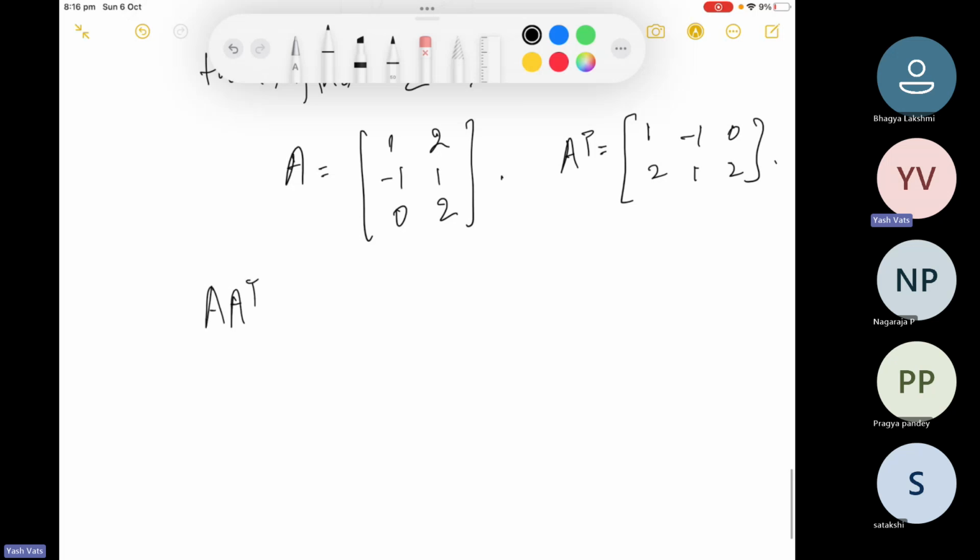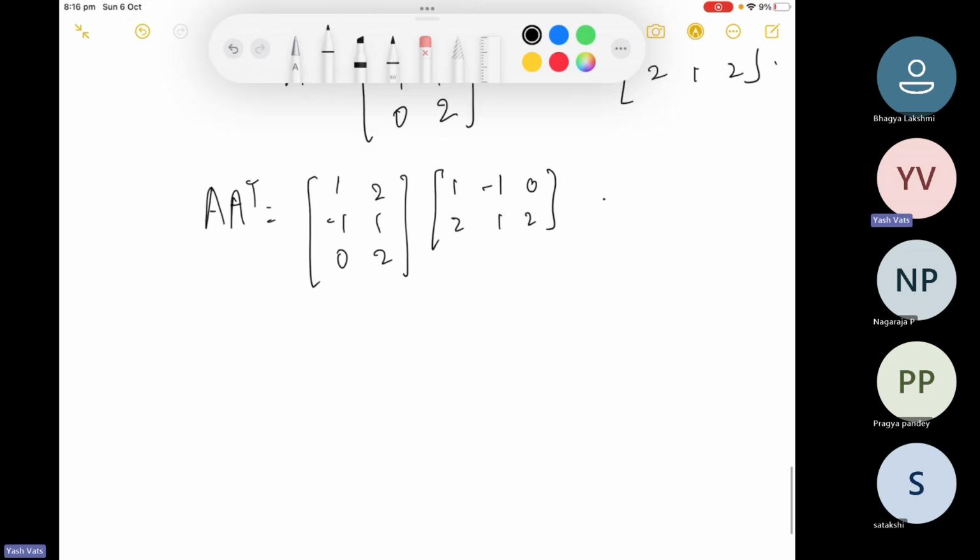Then A A transpose is 3 by 2 times 2 by 3. So 1 plus 4, 5, and then 2 and 0, 2, 4, so that is 2 and 4.